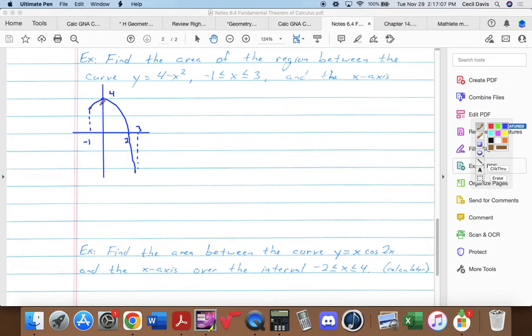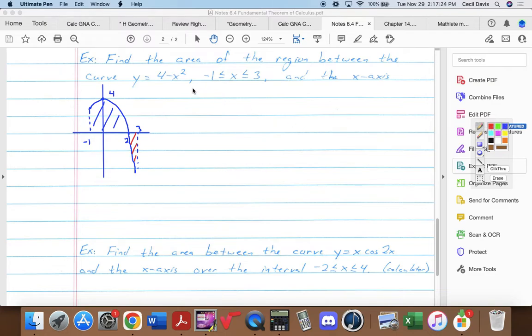If we do the integral from -1 to 3, it's going to count all this part as positive and all this part is negative, so it's not going to give you the area. We want the total area between these two.